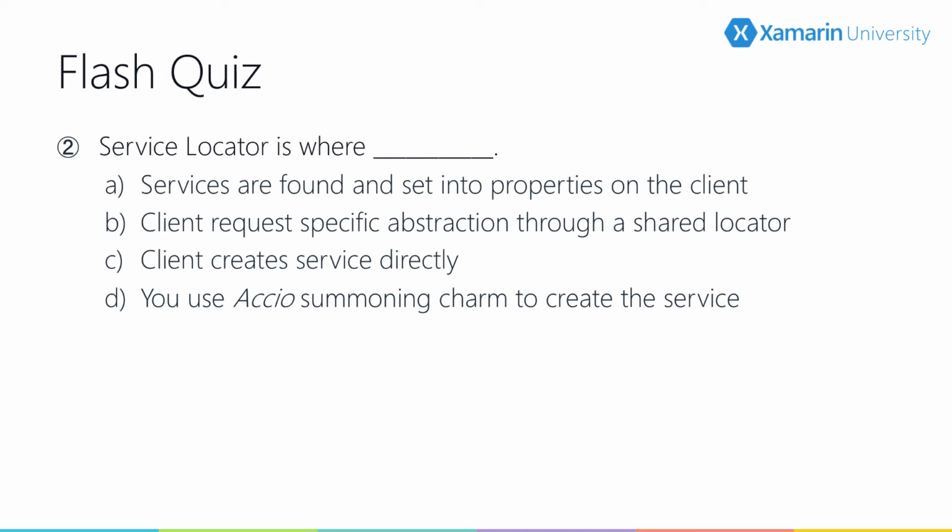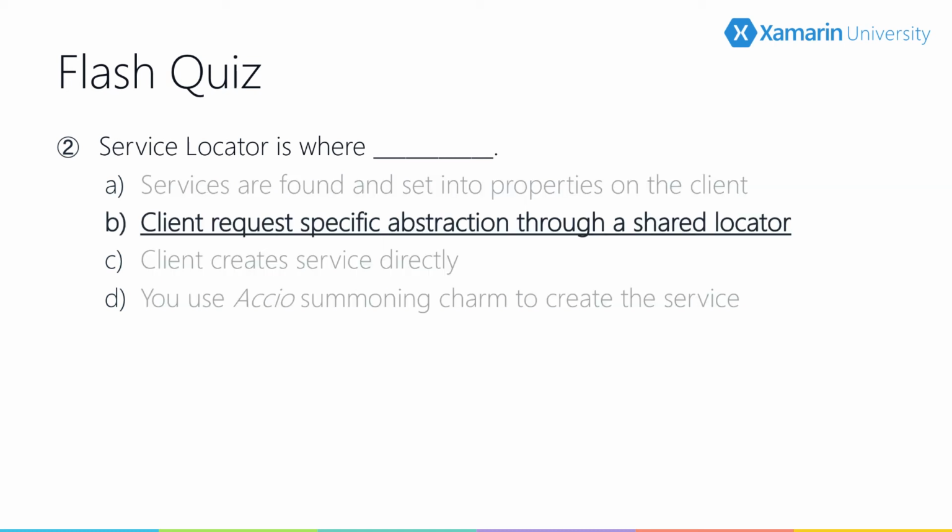Or is this D maybe pure magic? The correct answer here would be B. It's where the client, our shared code, requests a specific implementation, a specific service through that locator that both our client and the platforms must have access to.